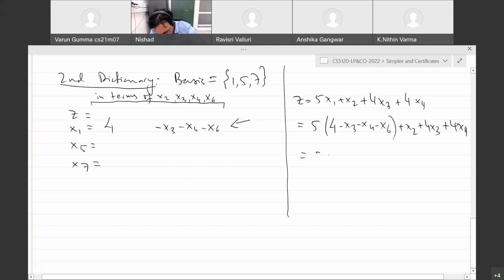And this is going to be 20 plus x2, minus 5x3 plus 4x3 is a minus x3, minus 5x4 plus 4x4 is a minus x4, and minus 5x6. And that is what I'm going to write down in my first row here: 20 plus x2 minus x3 minus x4 minus 5x6. Okay. Is everybody following so far?